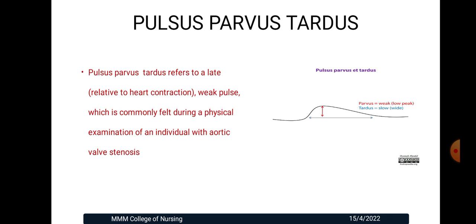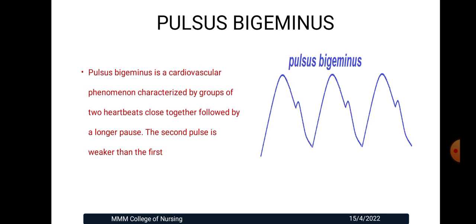Coming to pulsus parvus et tardus. Pulsus parvus et tardus refers to a late, that is relative to heart contraction, weak pulse which is commonly felt during a physical examination of an individual with aortic valve stenosis.